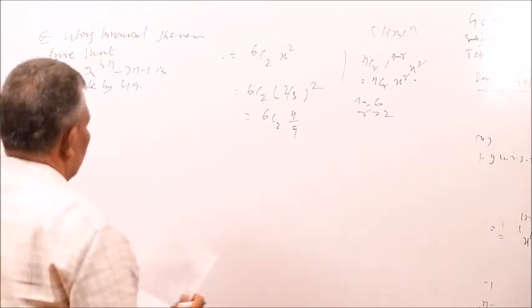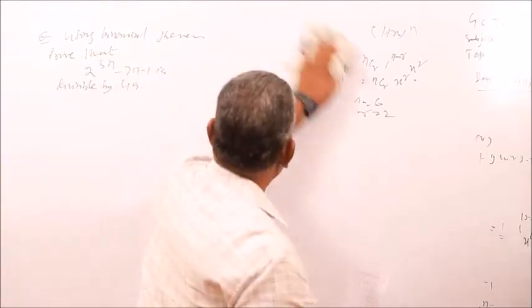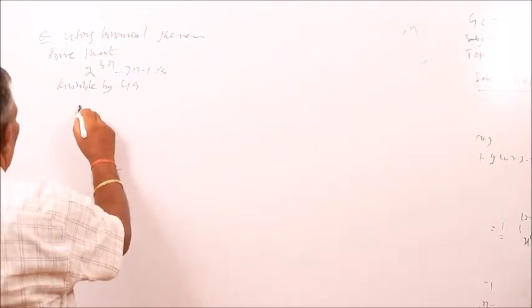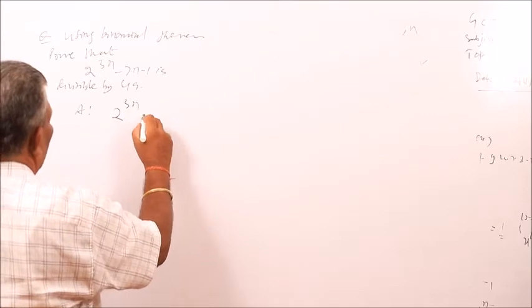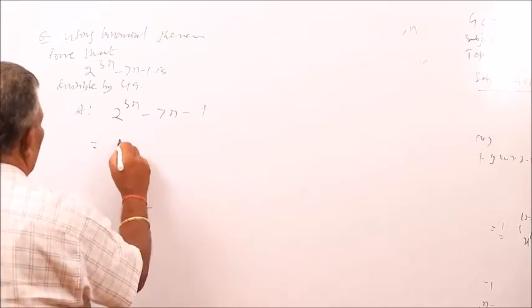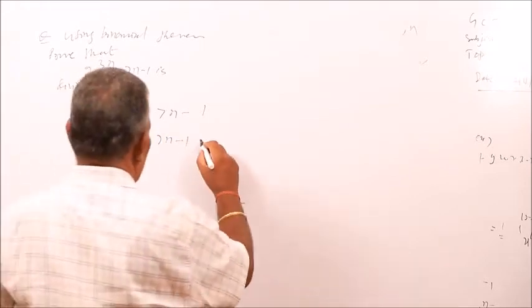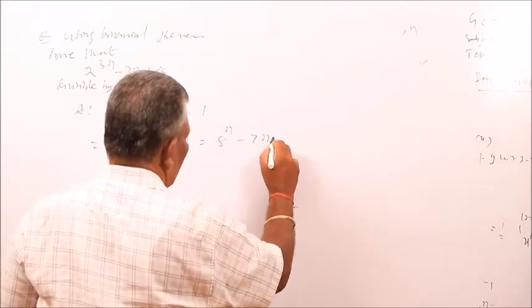So for this problem, 2 to the power 3n minus 7n minus 1, that is 2 cube whole to the power n minus 7n minus 1, that is 8 to the power n minus 7n minus 1.